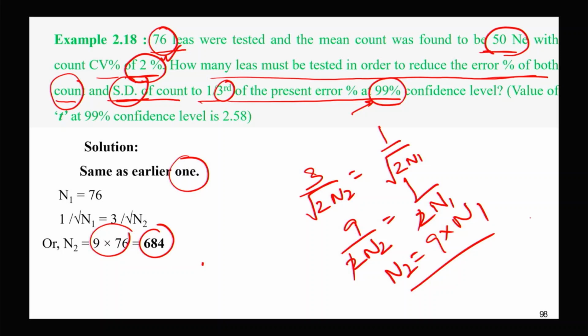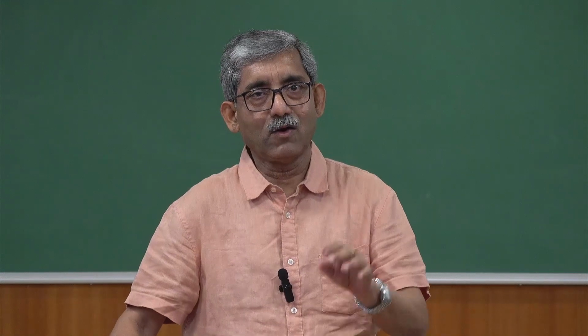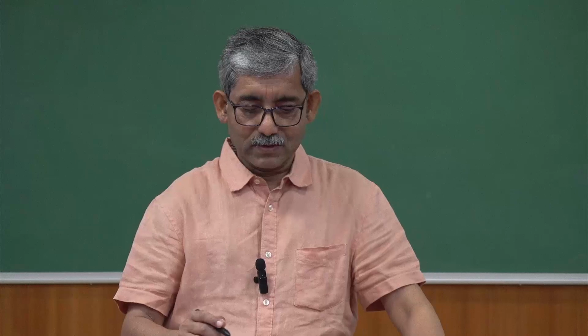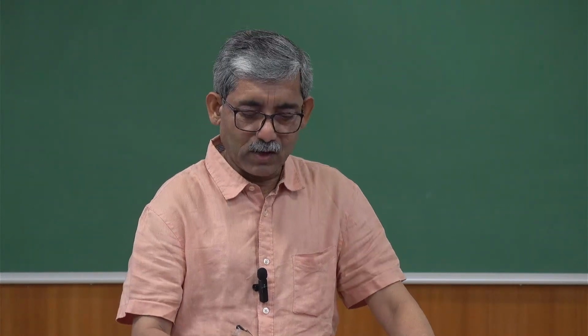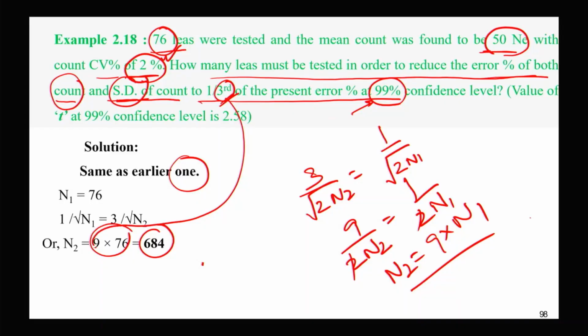So whether it's a count or standard deviation, whether it's 99% level or 95% level, the strategy should be, if we want to reduce to a certain level, we have to multiply by the square of that level. Here it's 1/3, so 3 times reduction means square of 3.